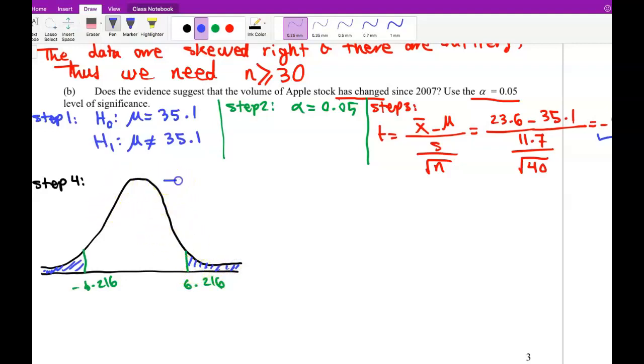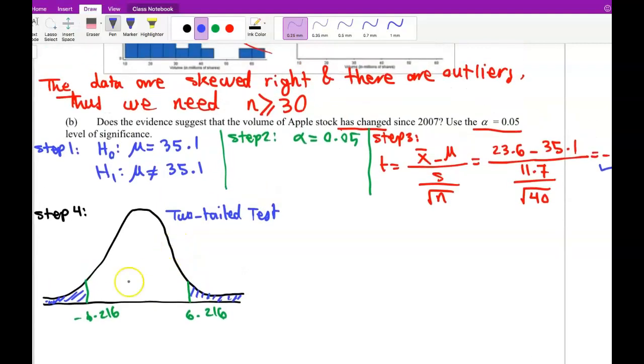So this is a two-tailed test, and our p-value is the sum of these two parts.